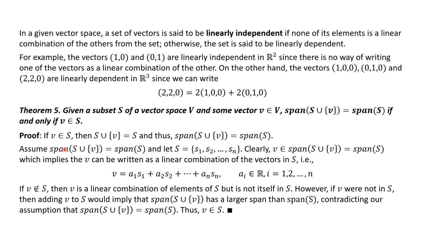So going in the other direction, assume the span of S union {v} equals the span of S, and let S equal this set here, s1, s2 up to sn. Clearly v is an element of the span of S union {v}, which we're told is equal to the span of S. That's our assumption.